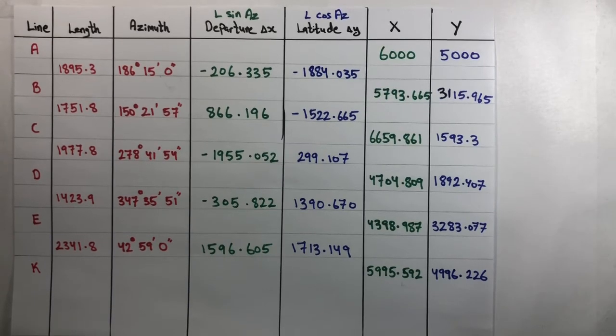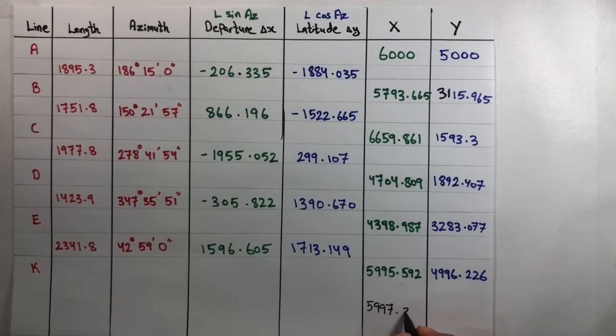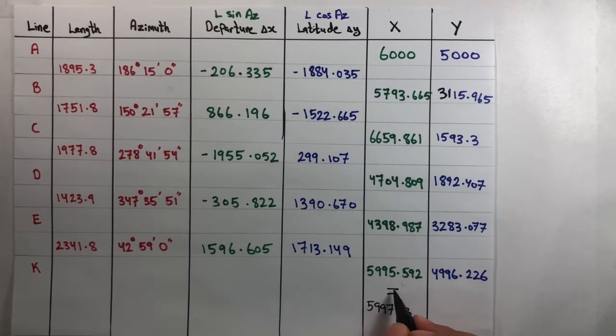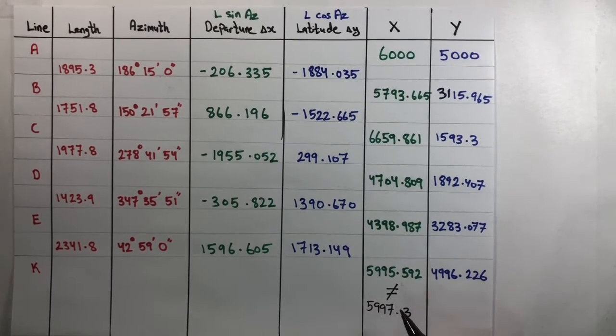So when we go back to the question, we can see that the given coordinates of point K are in the x-axis 5997.3, which does not equal this number here, and for the y-axis we have 4997.1, which is not equal to this number as well.